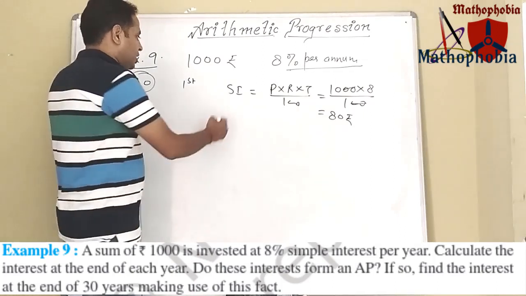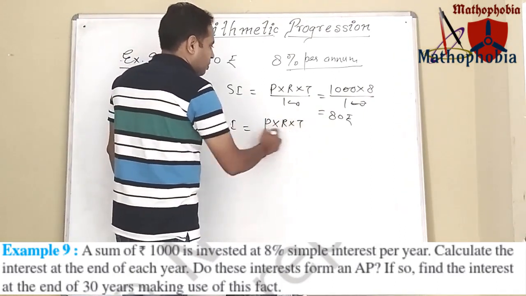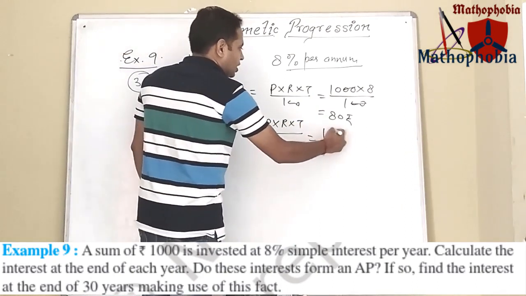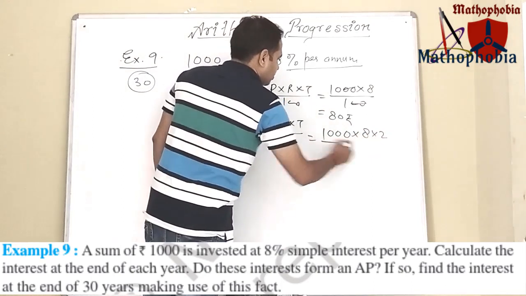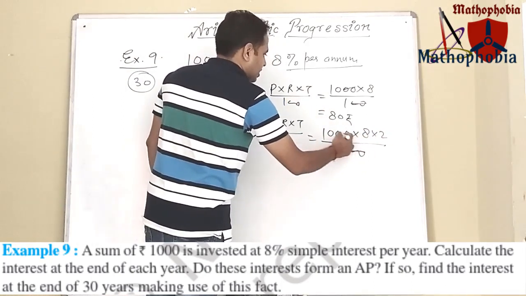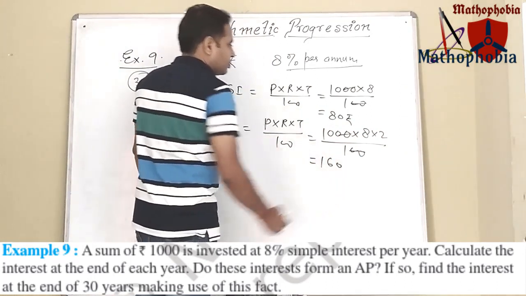Okay, for 2 years, let's see. P into R into T upon 100. P is 1000. Rate is how much? 8. And time becomes 2 upon 100. This and this cancel out. How much you will get? 160.